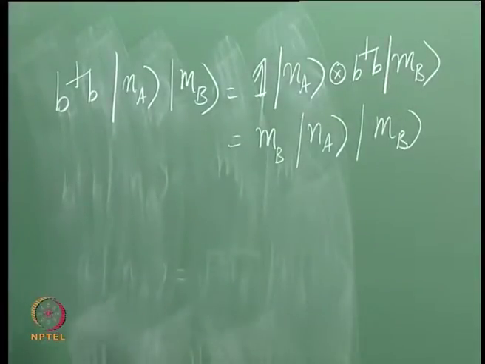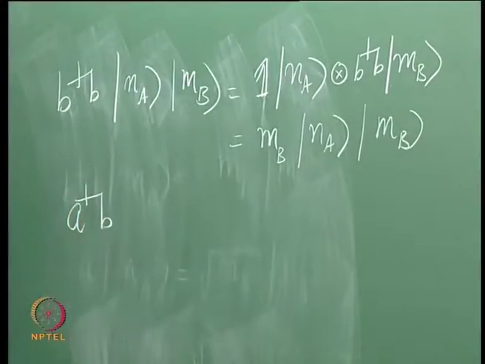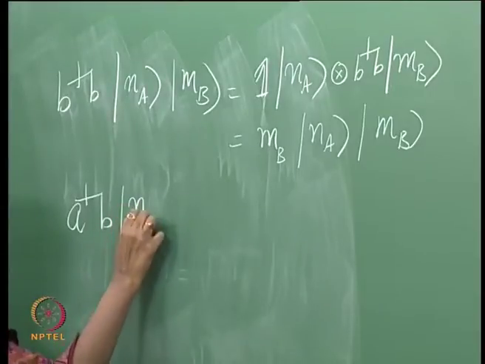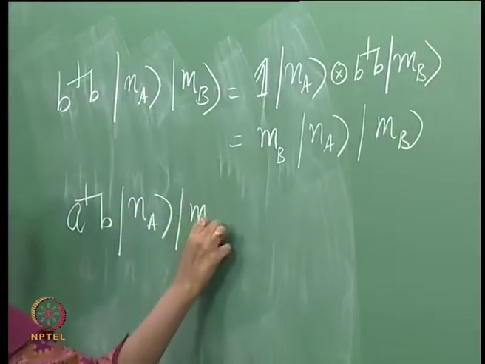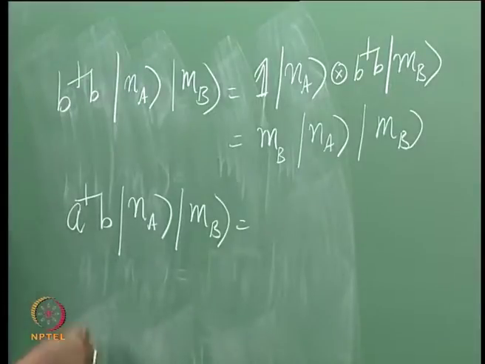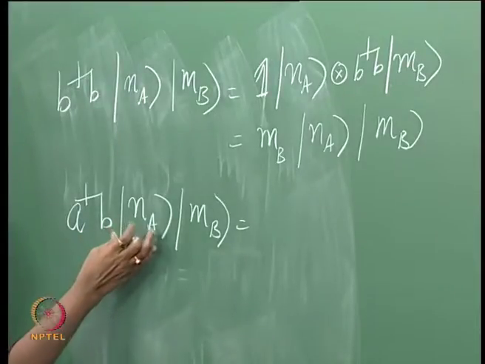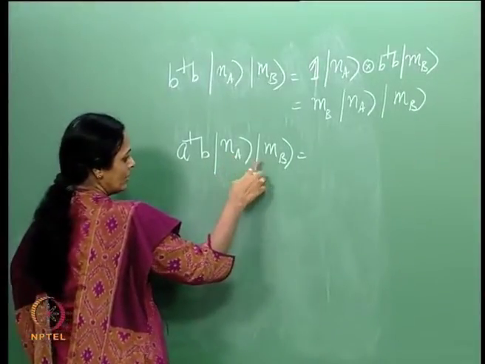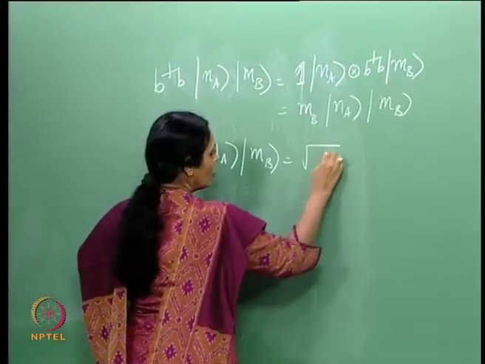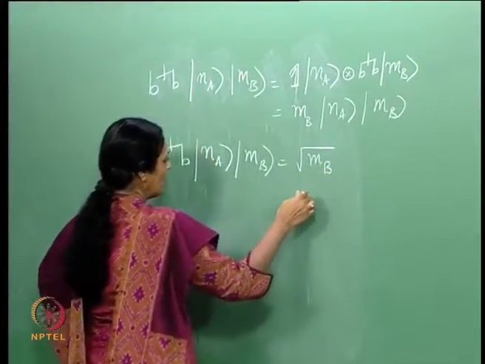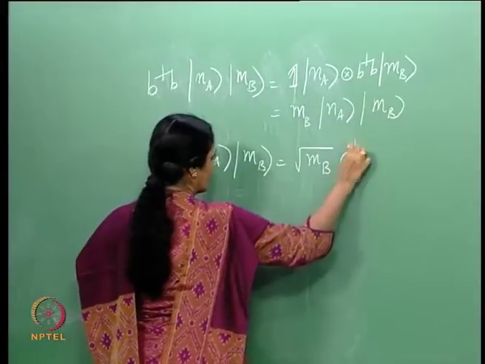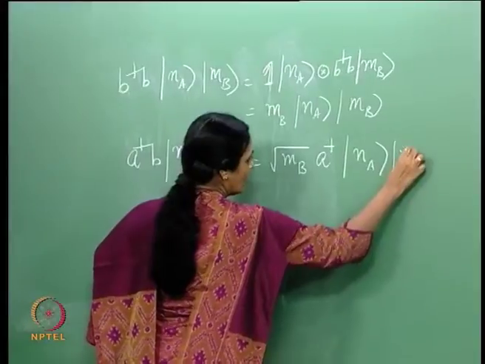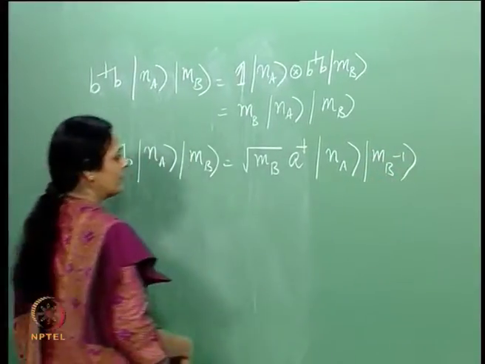Now, let us look at operators like A dagger B. So, I extend this. First of all, B acts on the state Na Mb, leaving Na alone and pulling out root Mb, which is a number from here. Of course, A dagger has to operate on the net state, and the net state is now Na Mb minus 1.